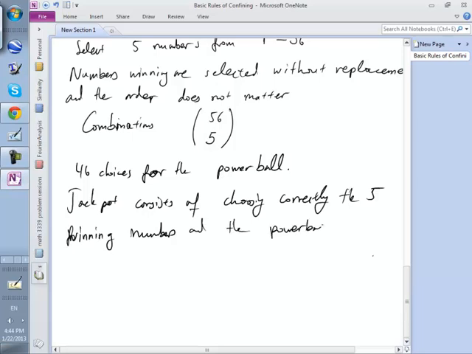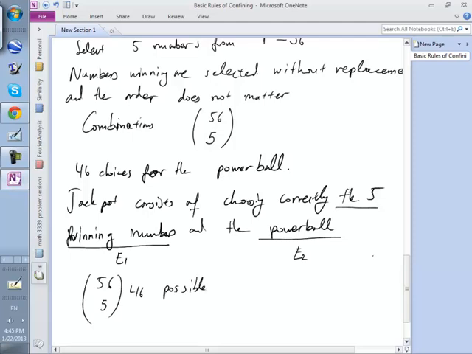So experiment 1 is to choose the 5 winning numbers correctly. Experiment 2 is to choose the Powerball. So how many outcomes do we have? 56 choose 5 combinations times 46 possible choices. This is the total number of simple events.